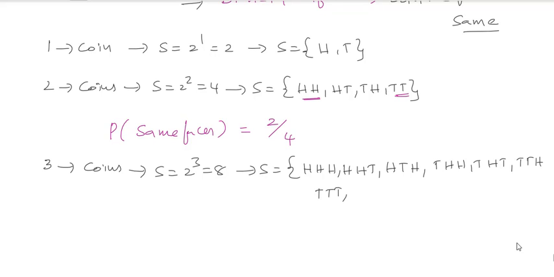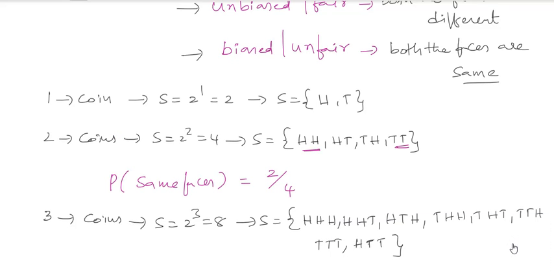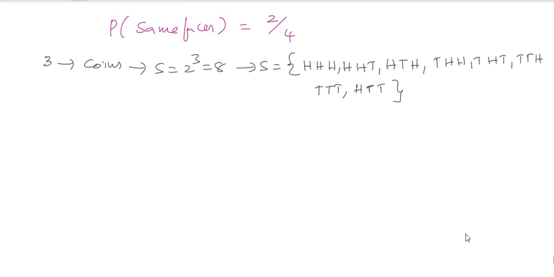Head head head, head head tail, head tail head, tail head head, tail head tail, tail tail head, and one more will be what? Head tail tail. Am I correct or not? Check it properly here, whether you are getting the same thing. So there are 8 possible cases when tossing a coin 3 times. These are the possible cases.